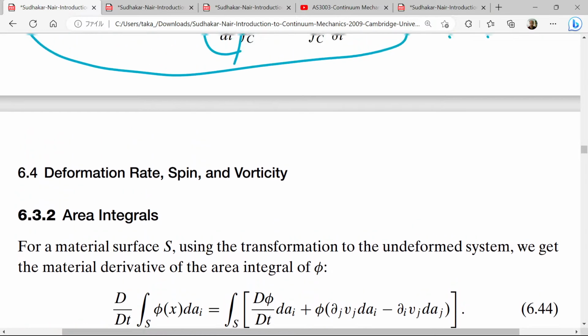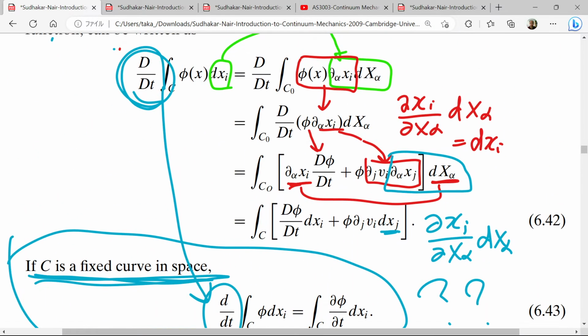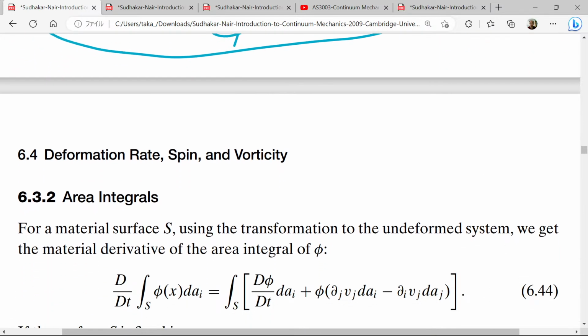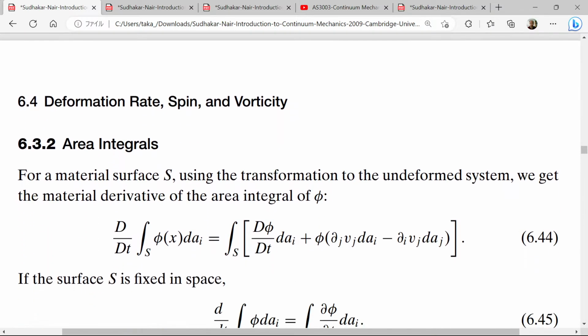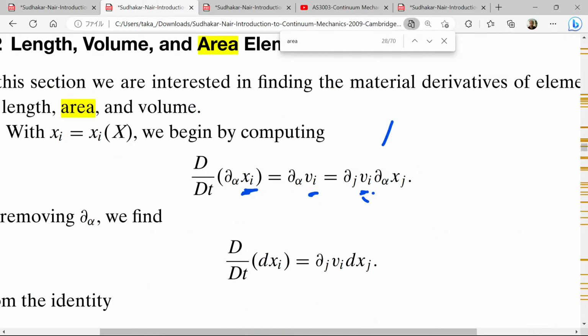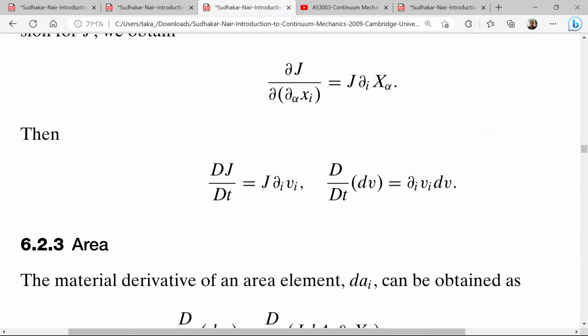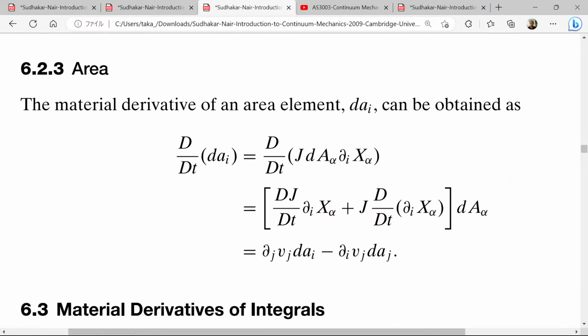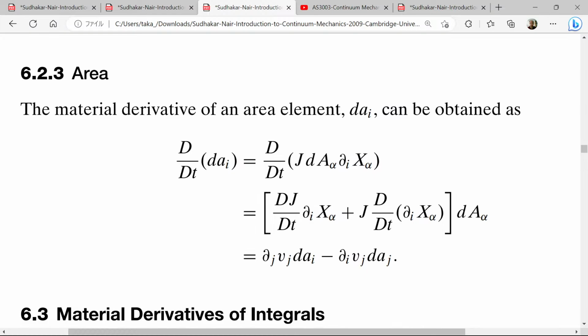I think we have to do the same procedure as above, because we should have area. Do we use this one?